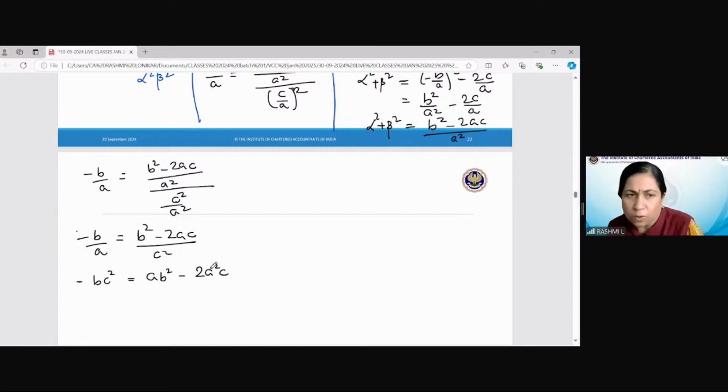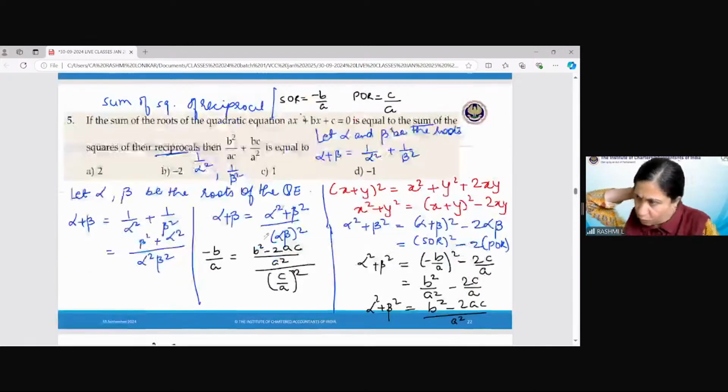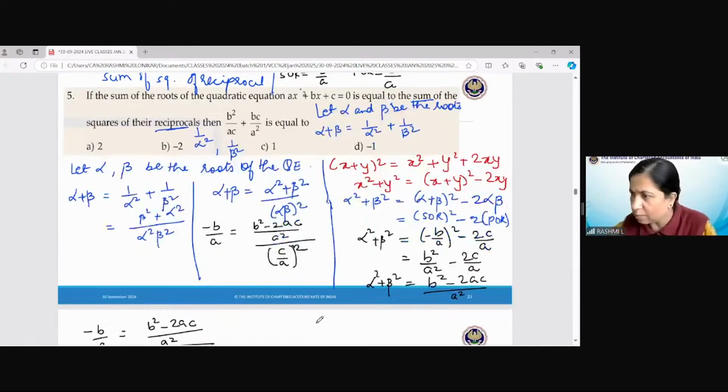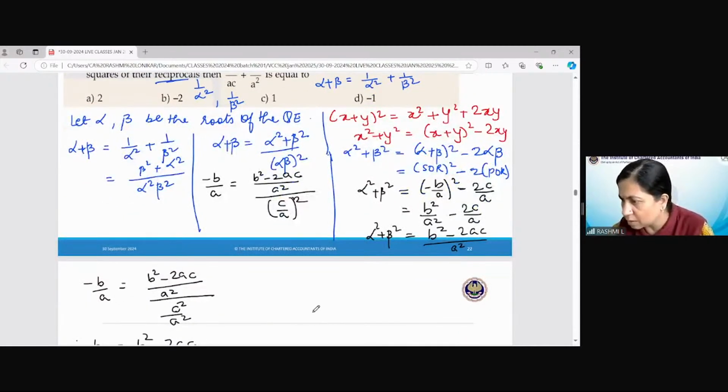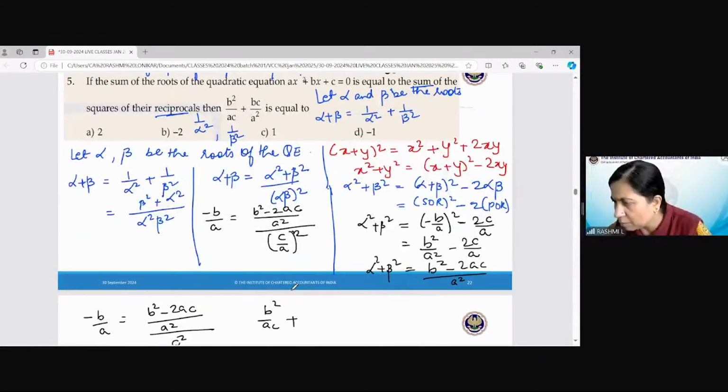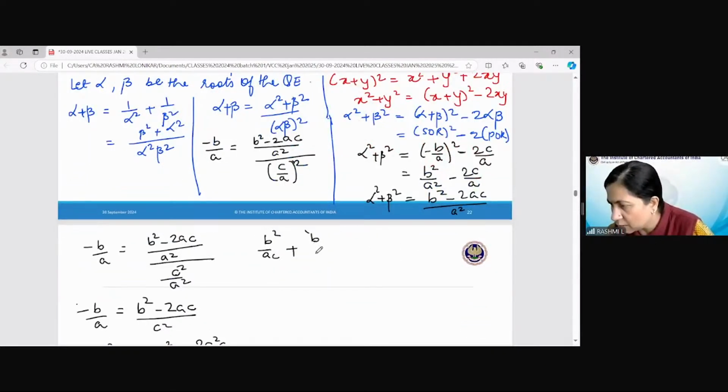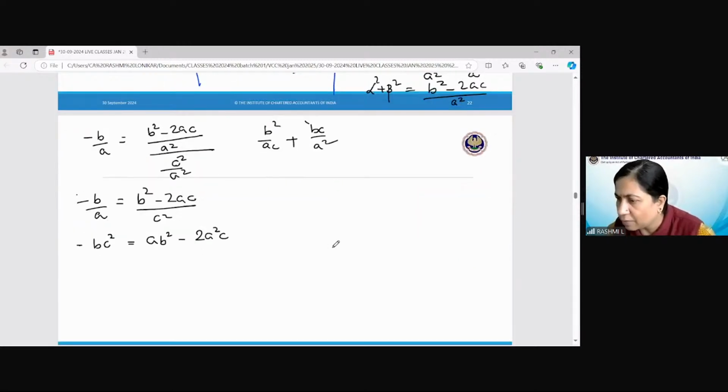Now what do I want? b square upon ac plus bc upon a square. Now I have ab square here and I have bc square here.